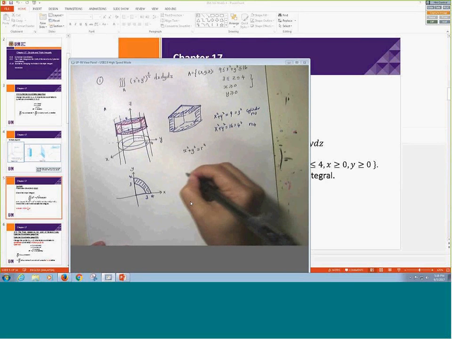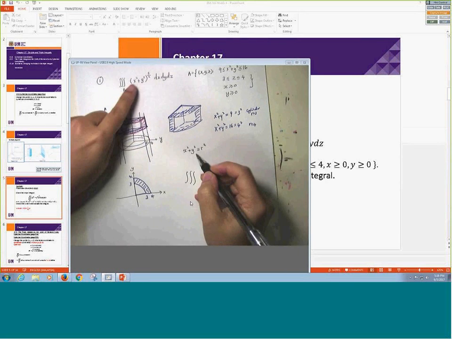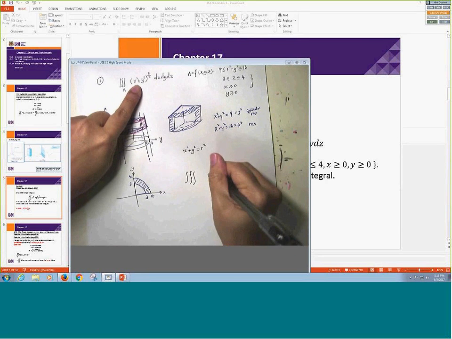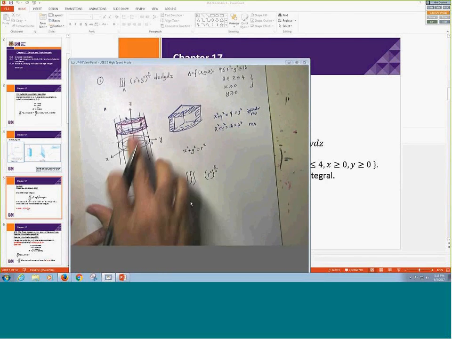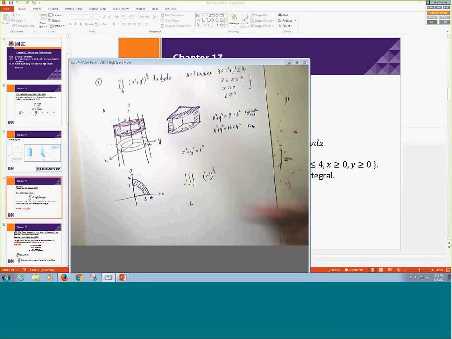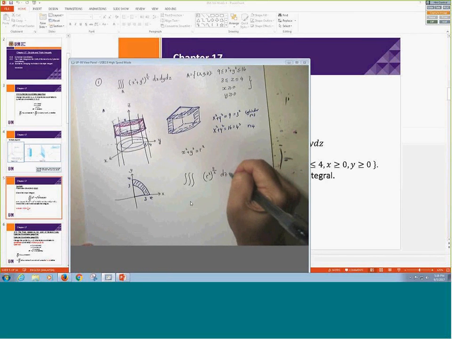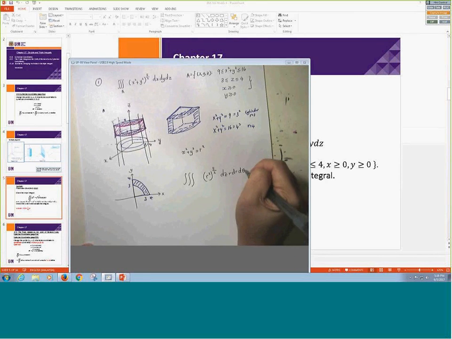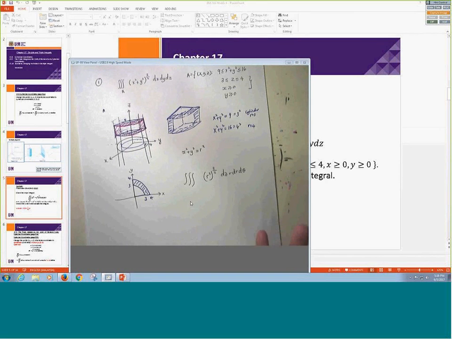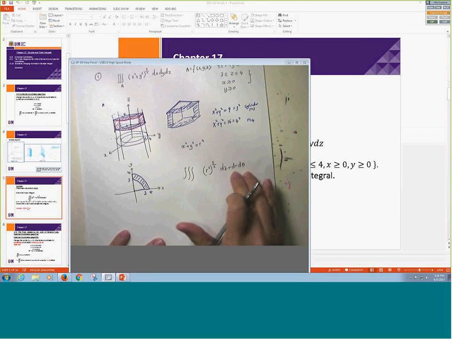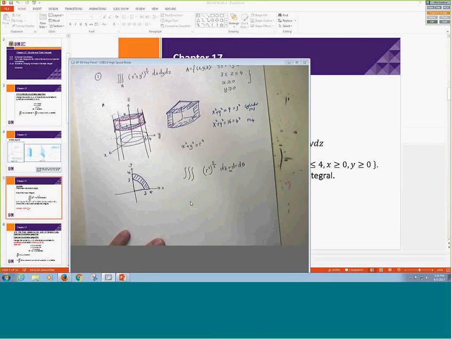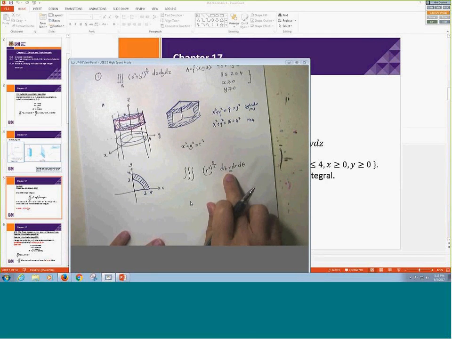So here we transform this r squared, and dx dy dz is represented with dz r dr d theta. Or you can put r dr d theta dz, no problem. The important thing is there must be an r here. Don't forget there is an extra r here.